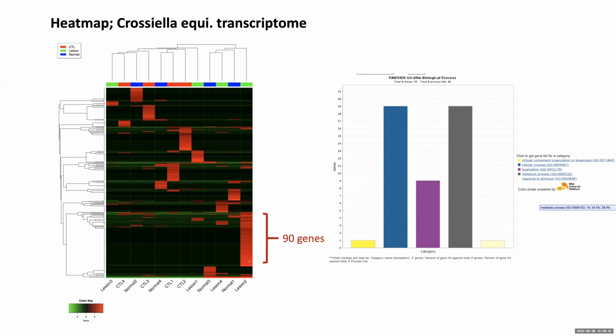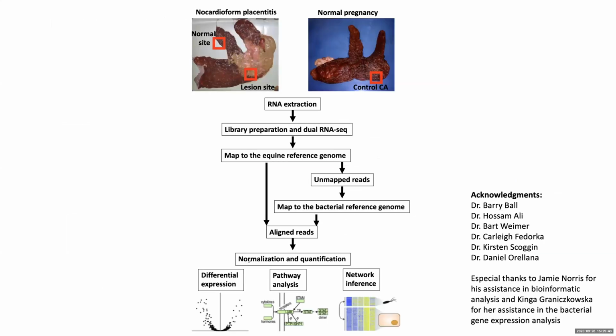Those genes were associated with metabolic processes and responses to stimuli. So with that, we're proposing that we need to repeat these samples in a bigger sample set with a higher sequencing depth to be able to look at the association and some correlation between the gene expression in the bacteria, and then translate that to the placenta. Thank you.